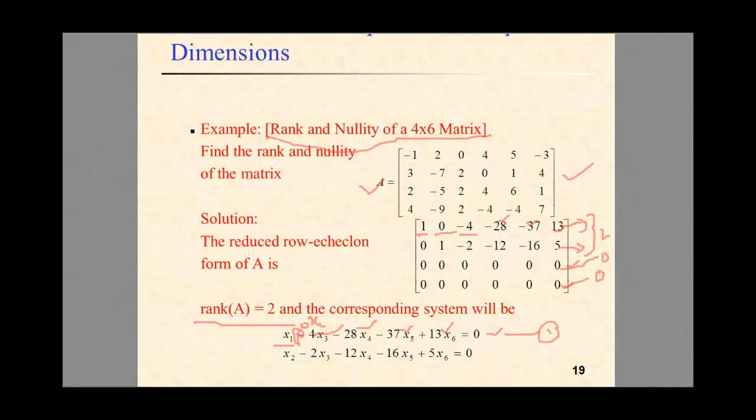Similarly, I can write equation number 2: 0x1 plus 1x2, minus 2x3, and 12x4, and 16x5, and 5x6 is equal to 0. This is equation number 2.